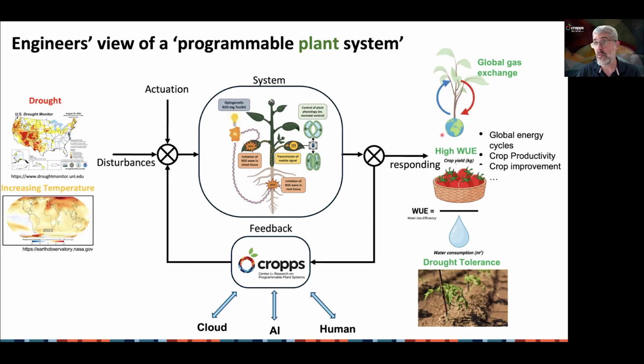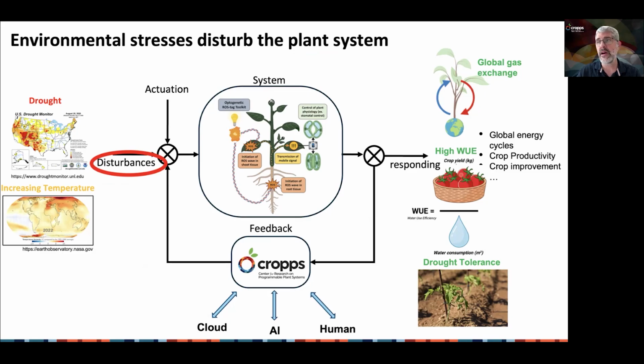And the response to those stresses in the form of stress responses like changes in gas exchange, water use efficiency, and drought tolerance. So we've been spending a lot of time in phase 1 understanding how such disturbances affect the system and affect those signals that move through the plant to potentiate these changes in physiology.